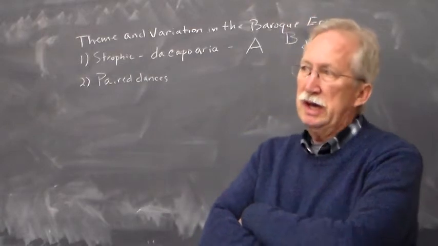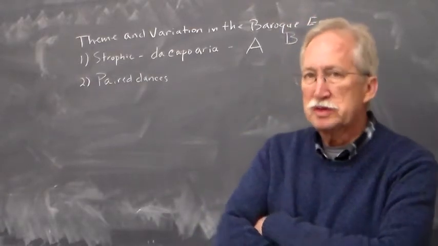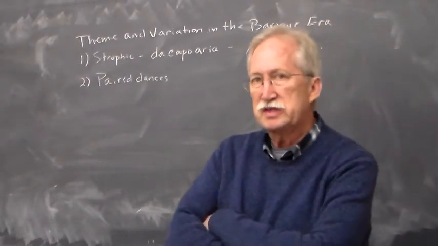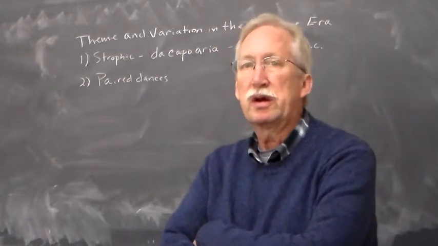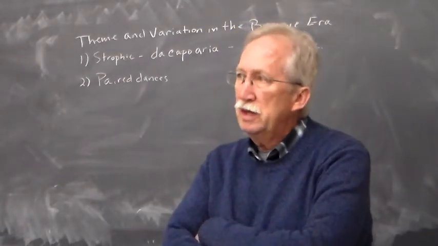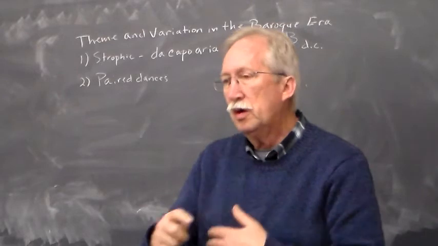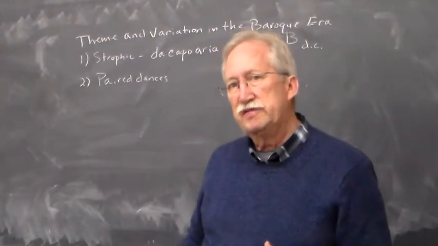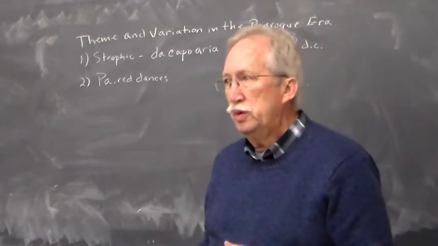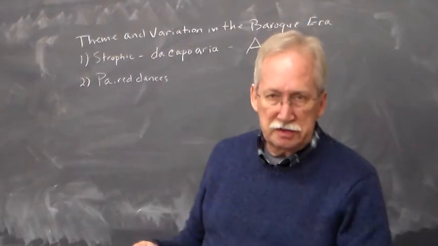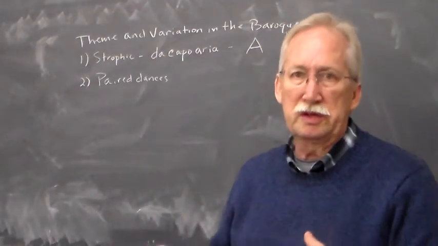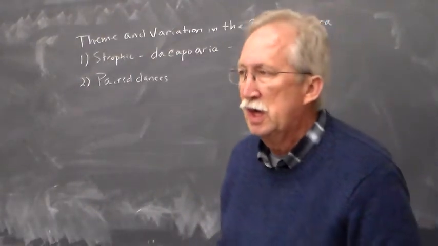And then by the time that J.S. Bach was writing collections of dances, by the end of the Baroque era, they had evolved into this set of dances that would include the Allemande, Courante, Sarabande, and Gigue. Typically, those would be the four standard dances.